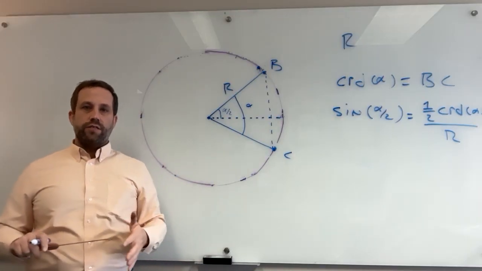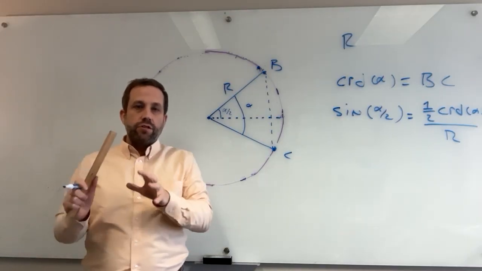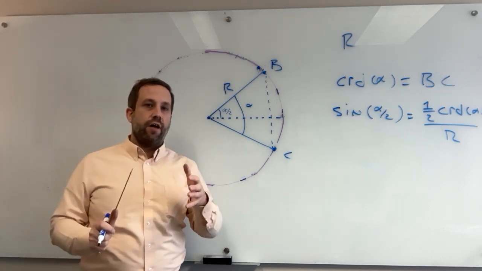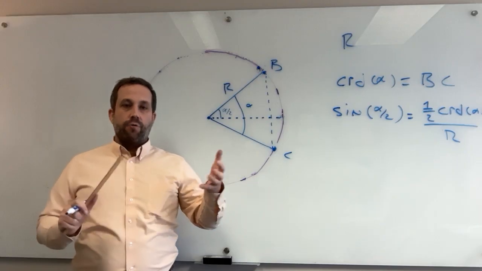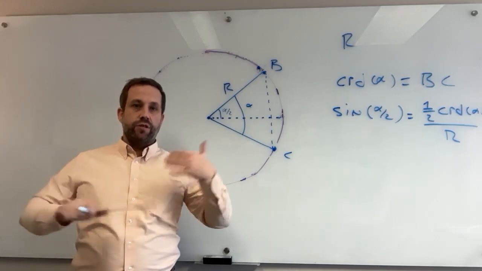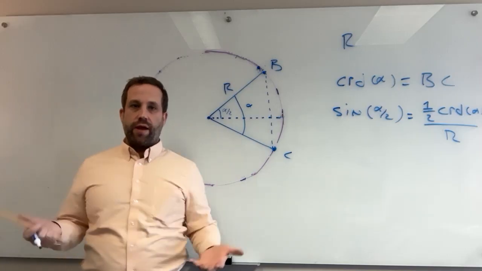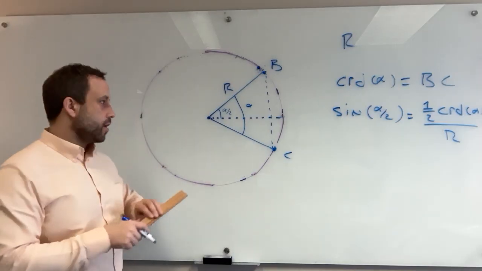So one of the things that we could do is, if you know chord alpha for some angles, we can use that to figure out chord alpha for other angles related to alpha in some way. Like if we do something to alpha and we know chord alpha, do we know what chord of this new angle is? So let me explain what I mean here.